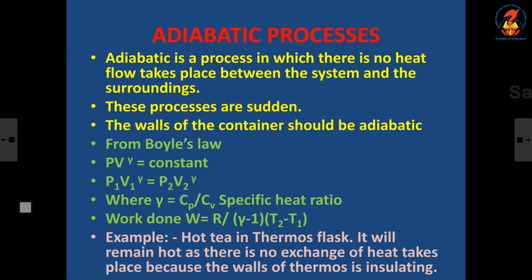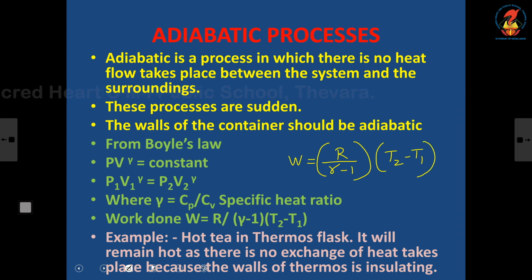So you have to write W is equal to R by gamma minus 1 into T2 minus T1 or T1 minus T2, like this. You can write either T1 minus T2 or T2 minus T1. Okay.